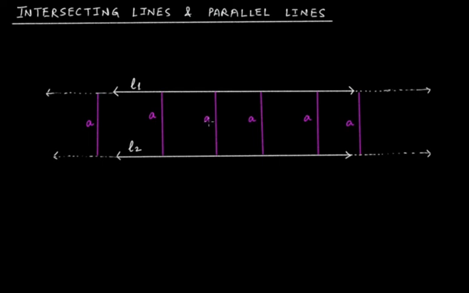And such lines are called non-intersecting lines or parallel lines.